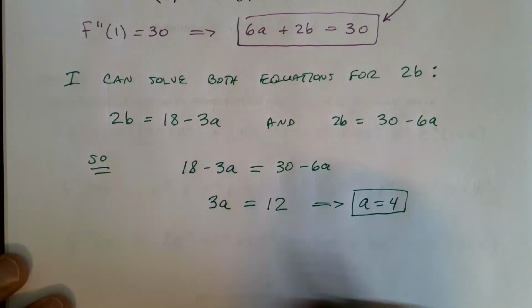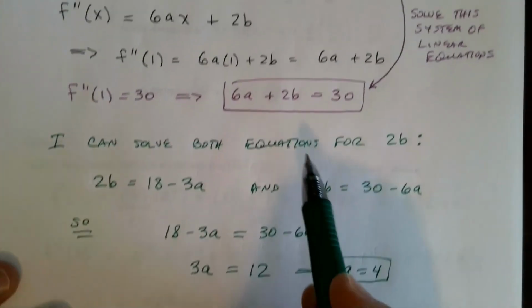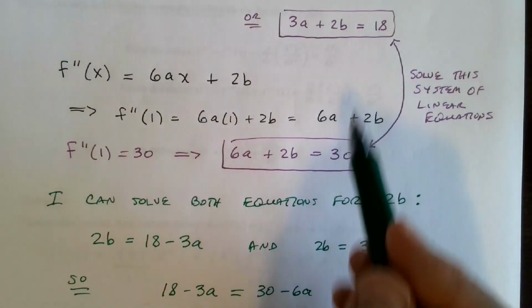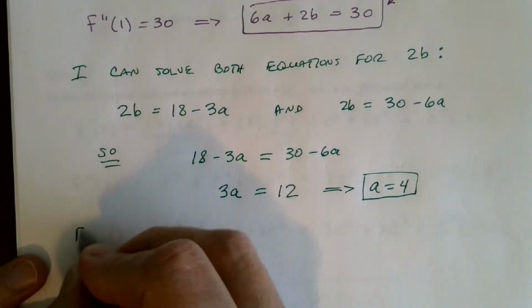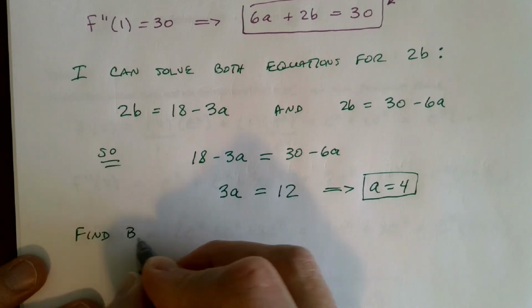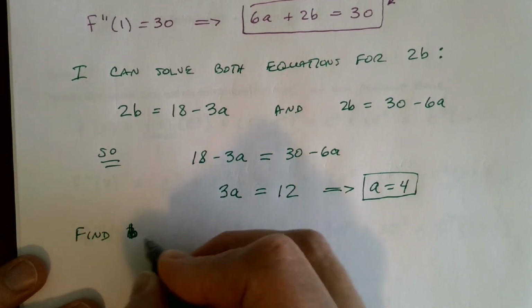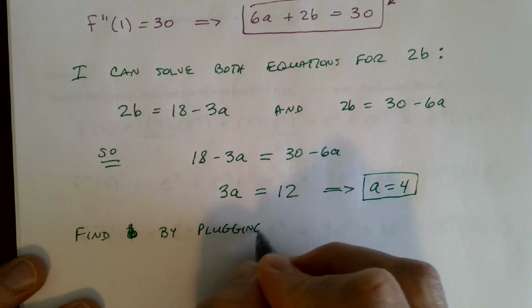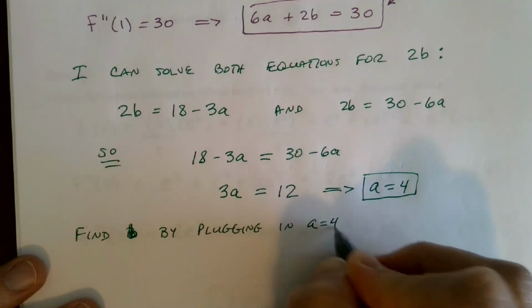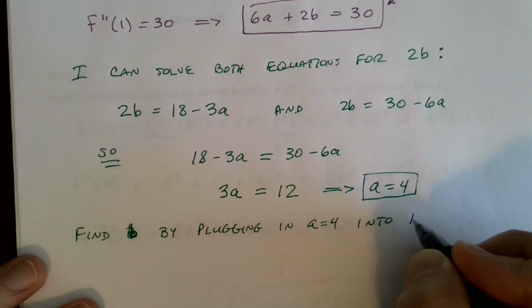Now, how do I find b? Well, I can find b by plugging into either of these equations. I'll find b, oops, b is lowercase, by plugging into the first equation.